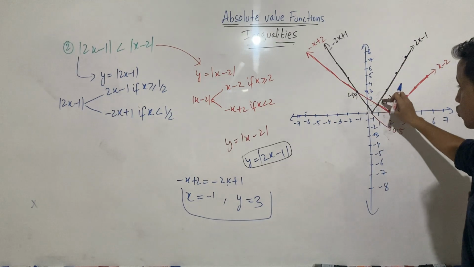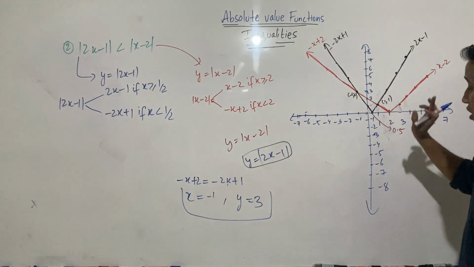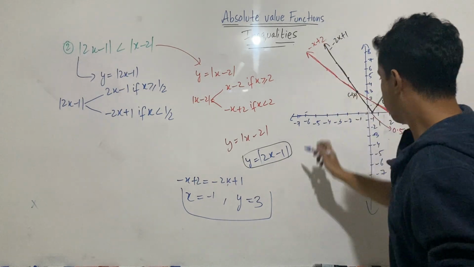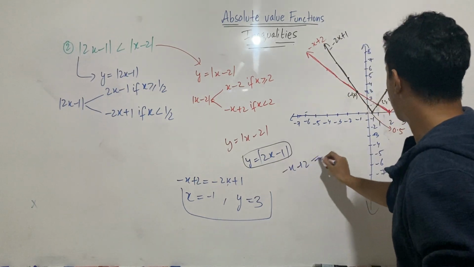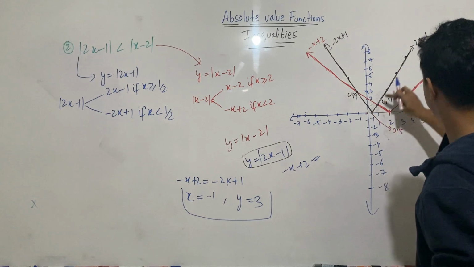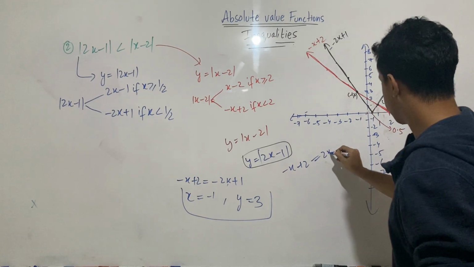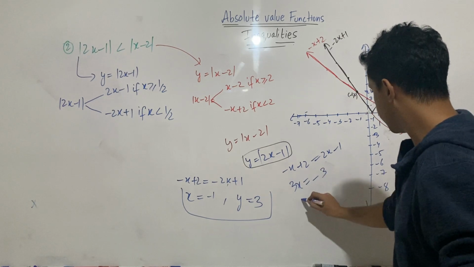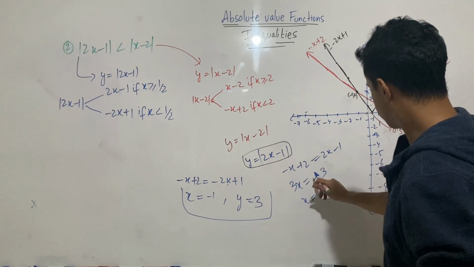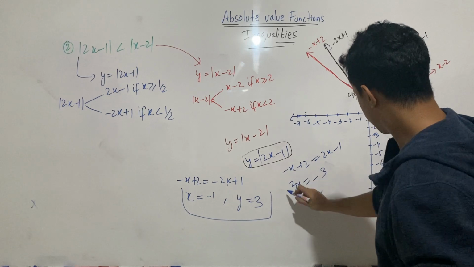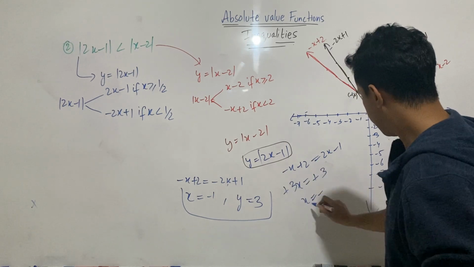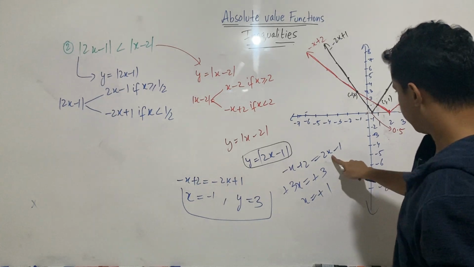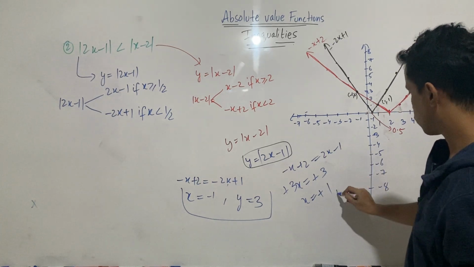Similarly, for the point of intersection here, you can equate this line, minus x plus 2, with 2x minus 1, because they are intersecting. So 3x equals 3, x equals 1. Put the value of x in this, so y is also going to be 1.